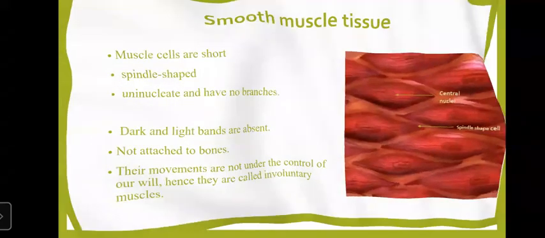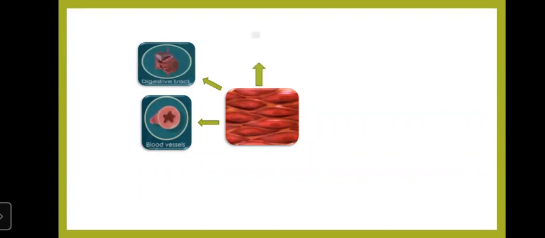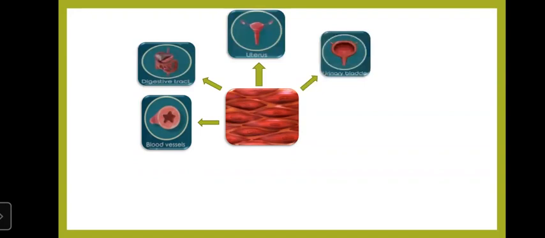Now, let us look at the location of smooth muscles. Smooth muscles are generally found in the internal or the visceral organs, like the lining of blood vessels, digestive tract, uterus, urinary bladder, and iris of eyeball.